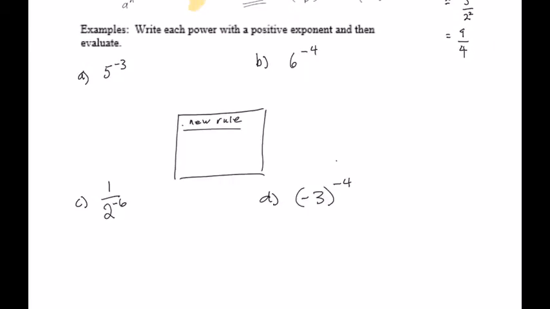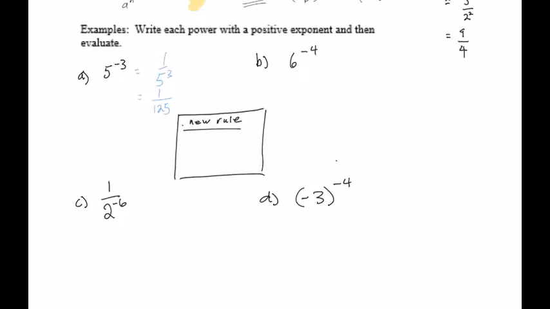So now, using the rules that we had before, if we had 5 to the negative 3, we could write 5 to the negative 3 as 1 over 5 cubed. Now 5 cubed is just 125, so we end up having 1 over 125 as our final answer.